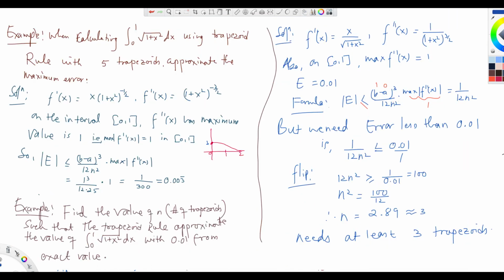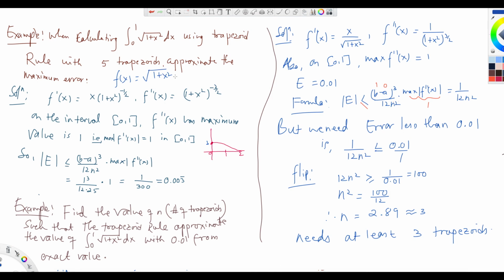In this example, when calculating the integral by the trapezoid rule with 5 trapezoids, approximate the maximum error. What will be the error if you approximate this integral using the trapezoid rule with 5 trapezoids? Here, f of x is the square root of 1 plus x squared.